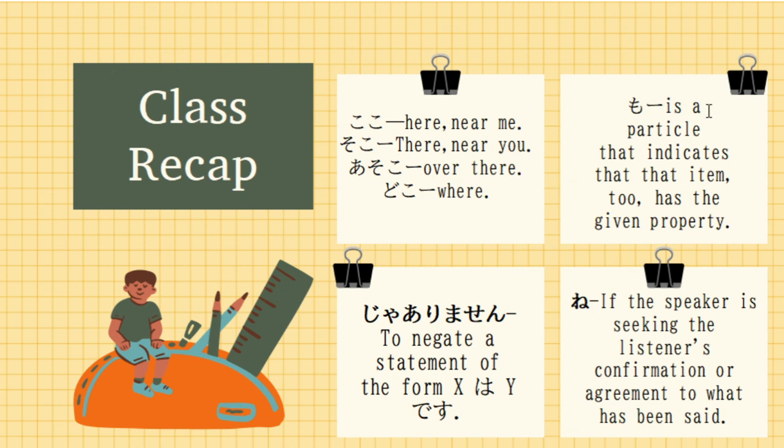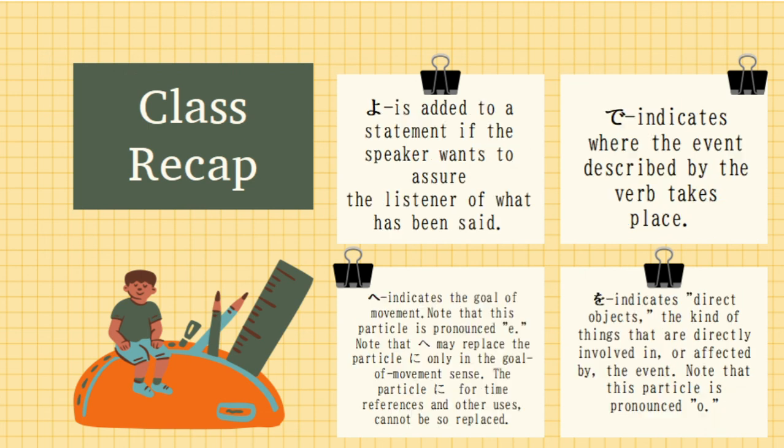The particle mo indicates that the item has the given property, so the same items share it. Ja arimasen is used to negate a statement of the form X wa Y desu. And ne is used if the speaker is seeking the listener's confirmation or agreement to what has been said. And the particle yo is added to a statement if the speaker wants to assure the listener of what has been said. So this is the authoritative decree.